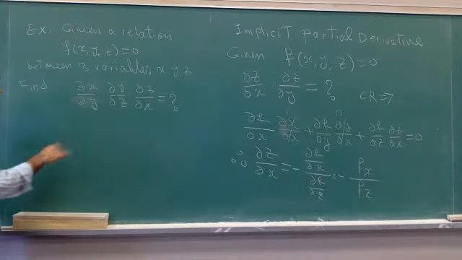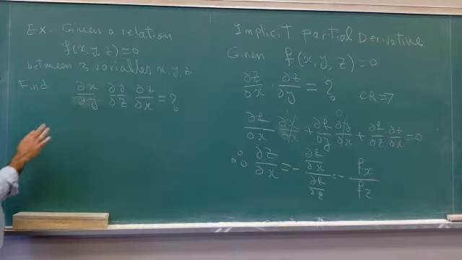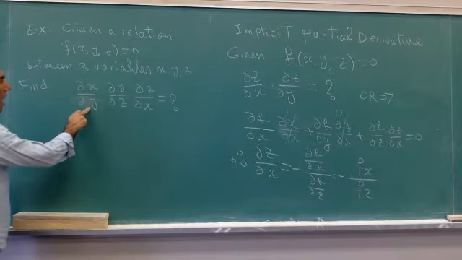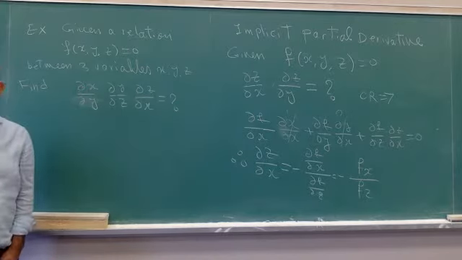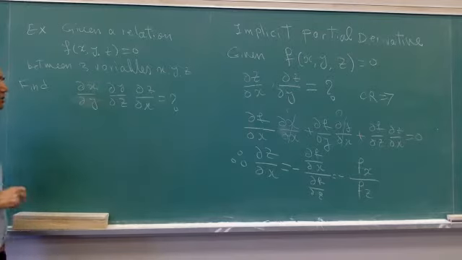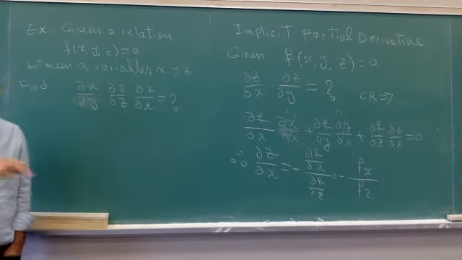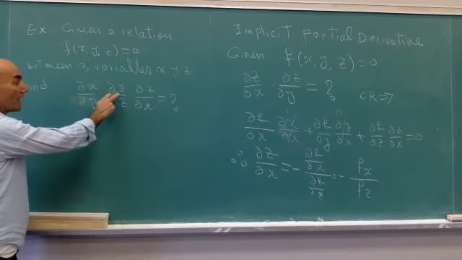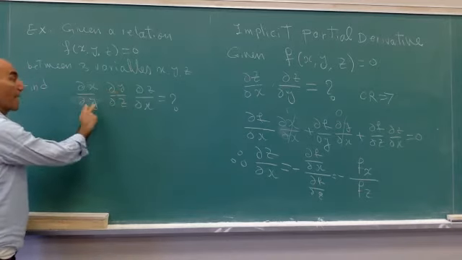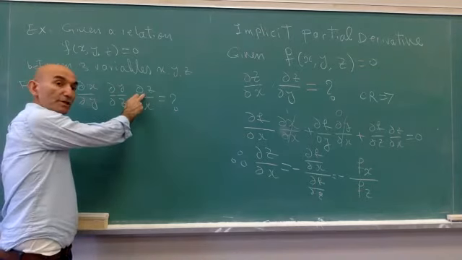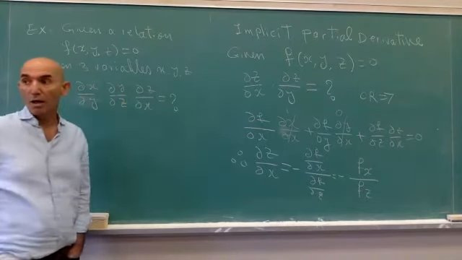What is the underlying rule here? The underlying rule is that when you write dx/dy, it means that you're taking x as your dependent variable, as a function of y and z. But here you're thinking of y as a function of z and x, and here you're thinking of z as a function of x and y.